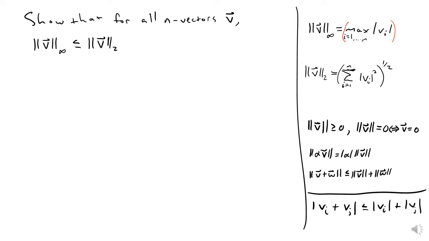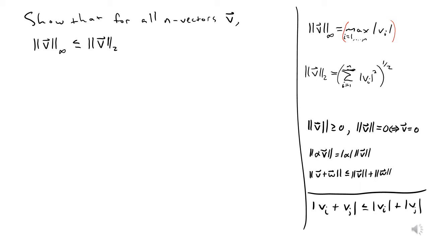For the 2 norm, you add up the entries squared and then take the square root of that sum. And then the properties of norms are also listed. We know that either of these norms will satisfy all of those properties by definition of a vector norm. They have to satisfy those things.